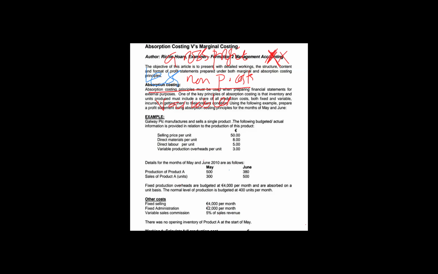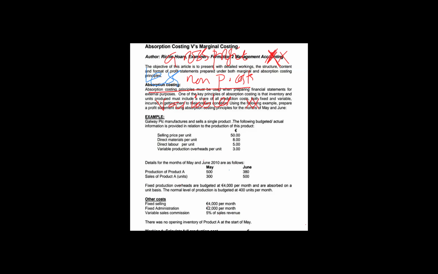They are deducted. Put them in the middle column next to the last column. And then deduct these variable costs that are not part of production. For example, variable sales commission.